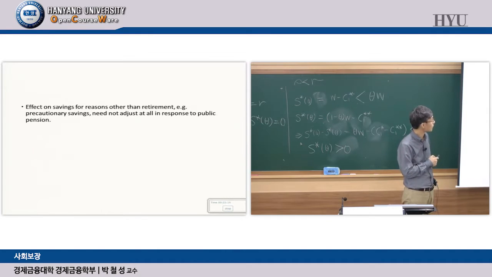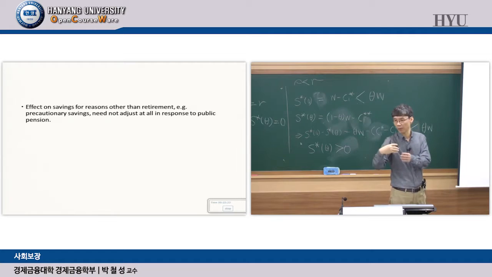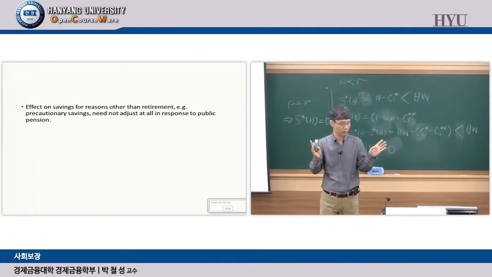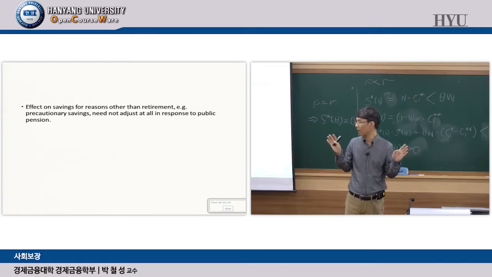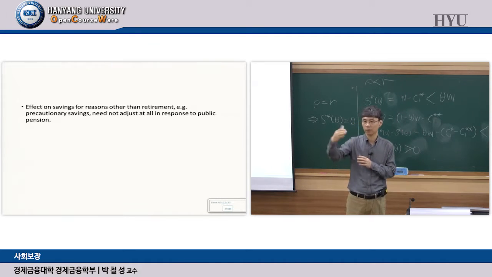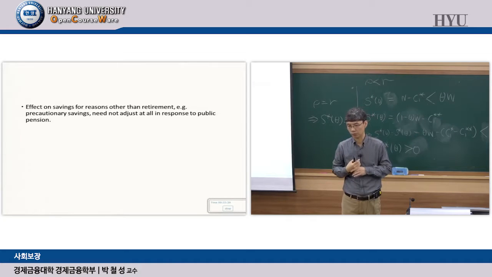So obviously the retirement saving will change in response to public pension because they serve the same purpose. However, precautionary saving itself has nothing to do with retirement, so it will not change even if public pension is introduced.